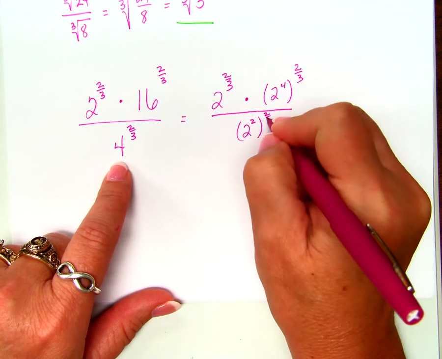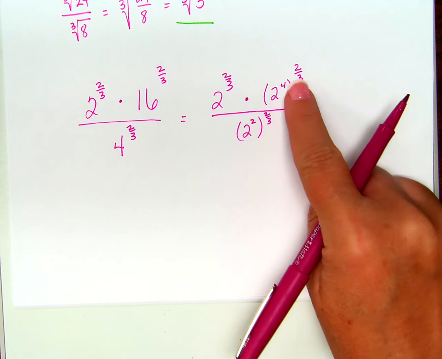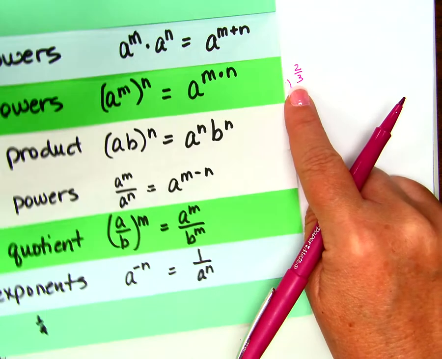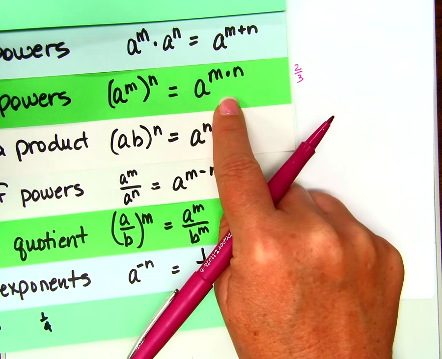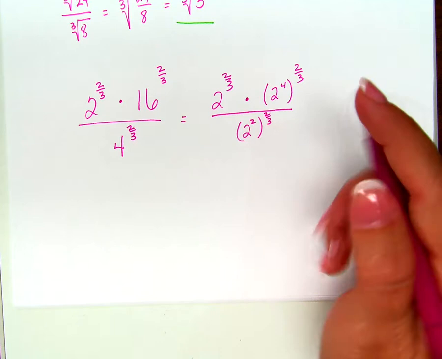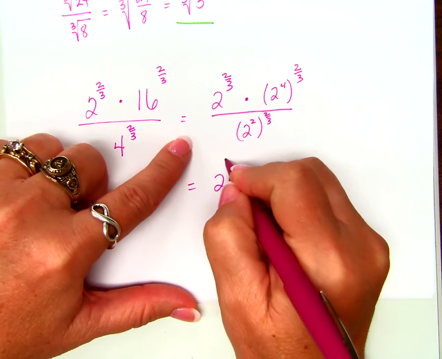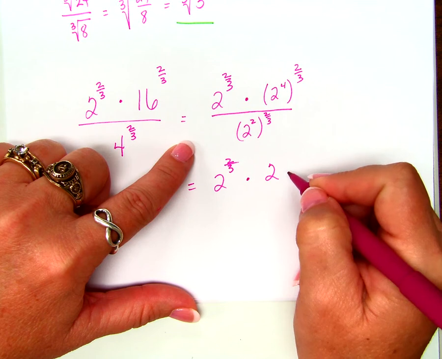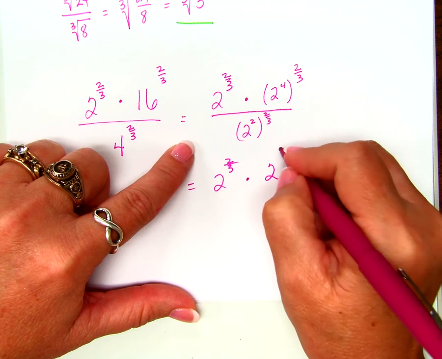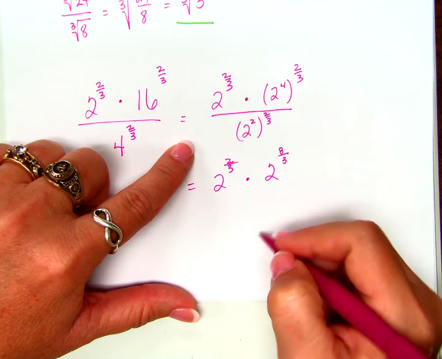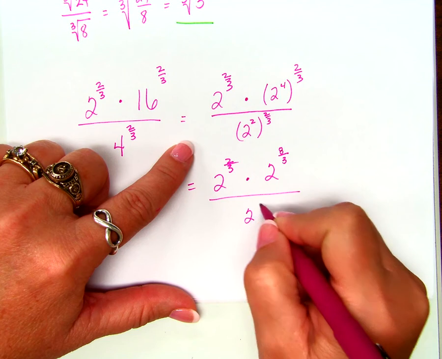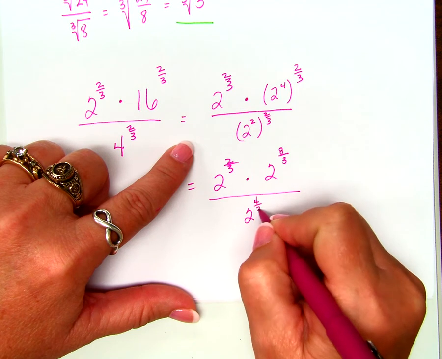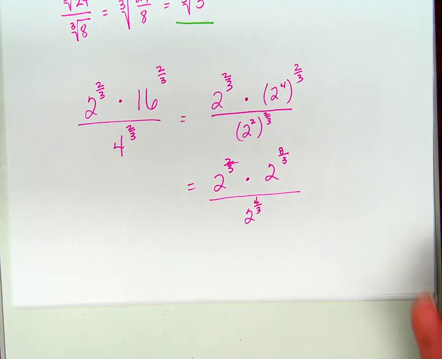To the 2/3 power? Do I know how to mess with stuff like this? Oh look, power of powers. Huh. This is really 2 to the 2/3 power times 2 to the 8/3 power over 2 to the 4/3 power, right? Now are all the bases alike?